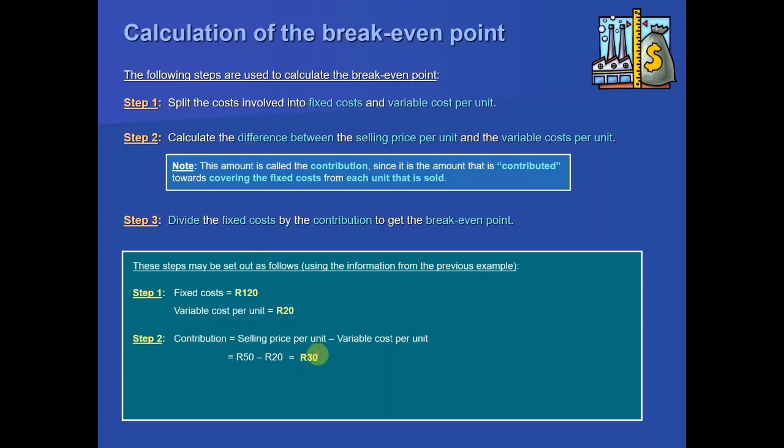So we now have to see how many times this contribution goes into the fixed cost of 120 Rand. So the fixed costs divided by the contribution, we have a fixed cost of 120 Rand, we have a contribution of 30 Rand, 30 goes into 120 4 times, so we get the same result as per the table.